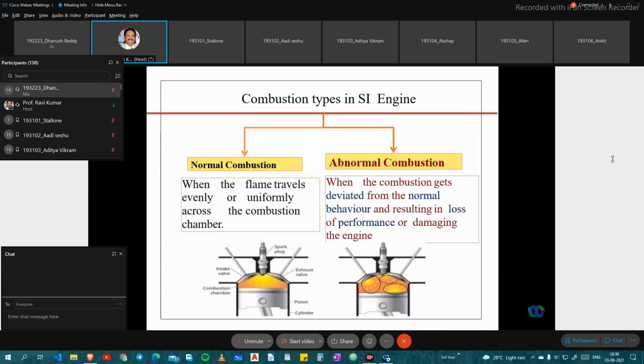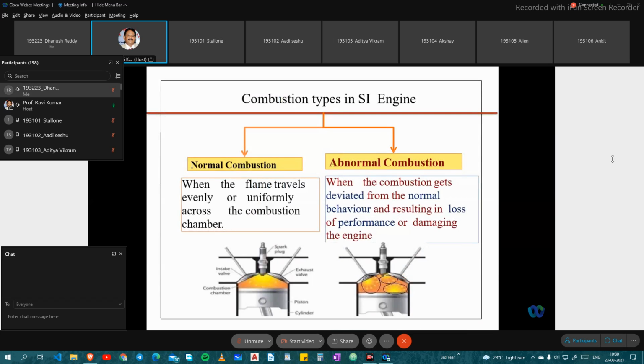This is the general phenomenon by which the spark ignition engine and the compression ignition engine differ. Anyhow, we'll discuss compression ignition engines in detail in the next classes.